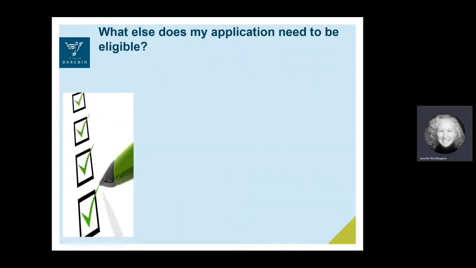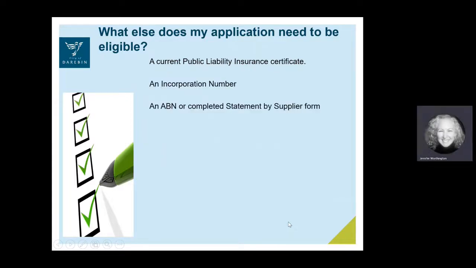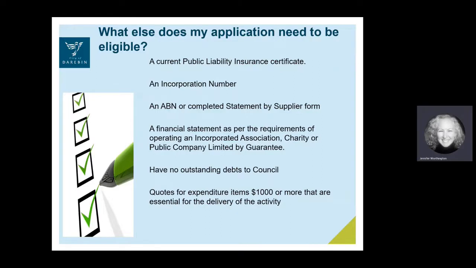So what else does my application need to be eligible? We need a current public liability insurance certificate, an incorporation number, an ABN or completed statement by supplier form, a financial statement as per the requirements of an incorporated association, charity or public company limited by guarantee, have no outstanding debts to council, and that we are also requesting quotes for expenditure items of $1,000 or more are included.